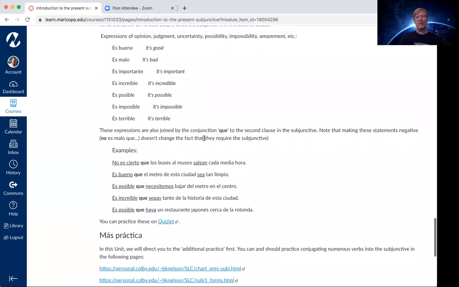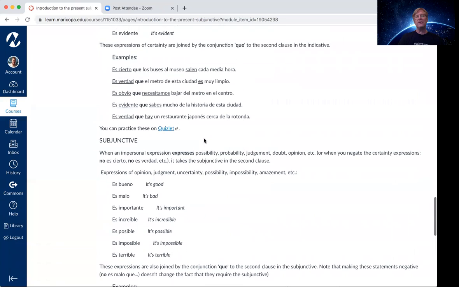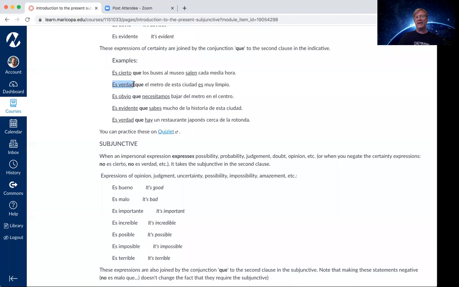Let's compare that over here. Es verdad. Now I'm expressing the same thing, but I'm expressing it as a truth. Es verdad que el metro de esta ciudad es muy limpio. I'm expressing it as truth, and therefore I use the dependent clause in the indicative.